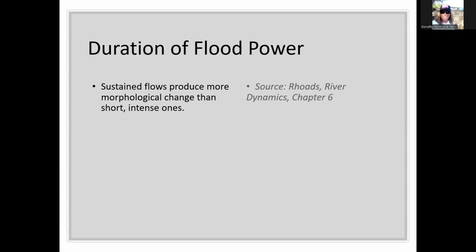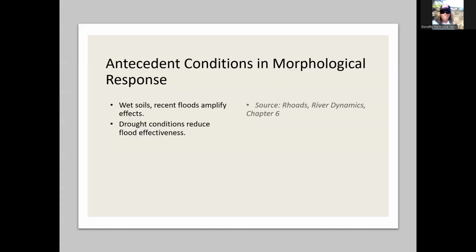Flood power, remember, is important. It has to have sustained flows in order to really push that sand around. Remember, sustained moderate flows make way bigger morphological changes than the short, intense ones. Antecedent conditions, meaning before the flood, okay? Those conditions really have something to do with the changes.